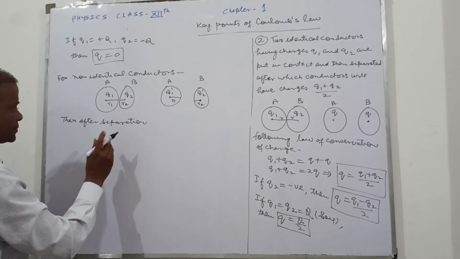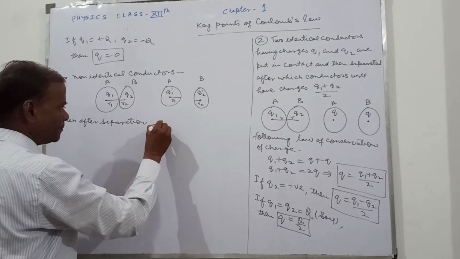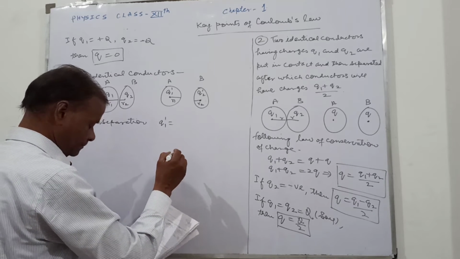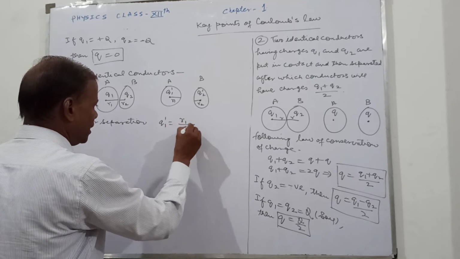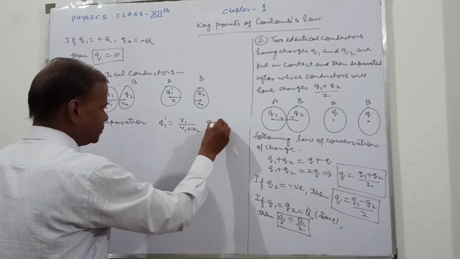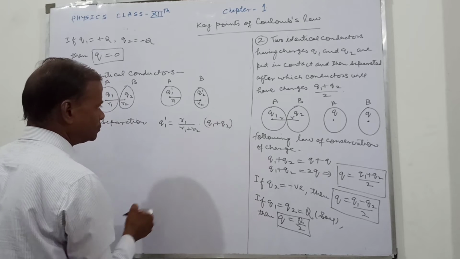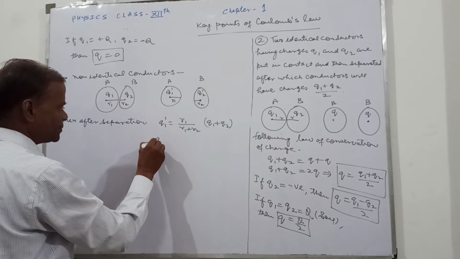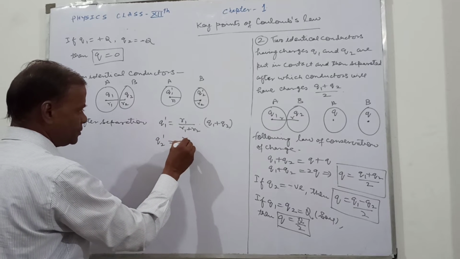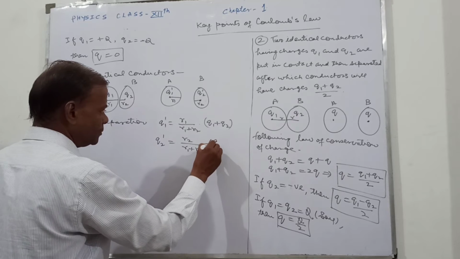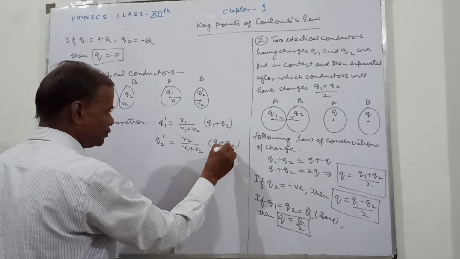Then Q1 dash is equal to R1 upon R1 plus R2 into Q1 plus Q2, and Q2 dash is equal to R2 upon R1 plus R2 into Q1 plus Q2.